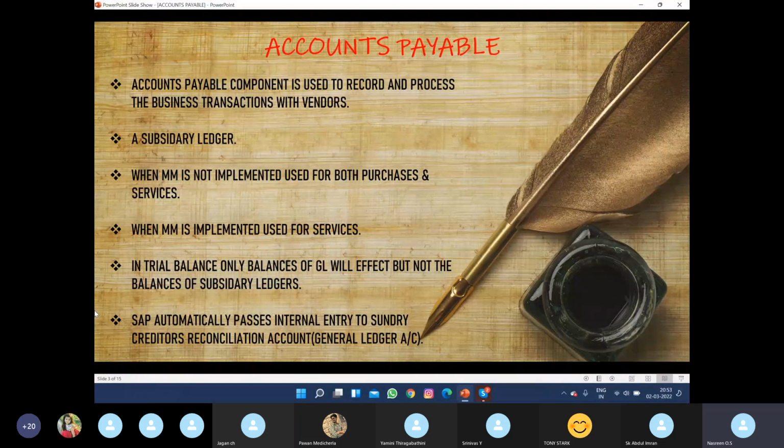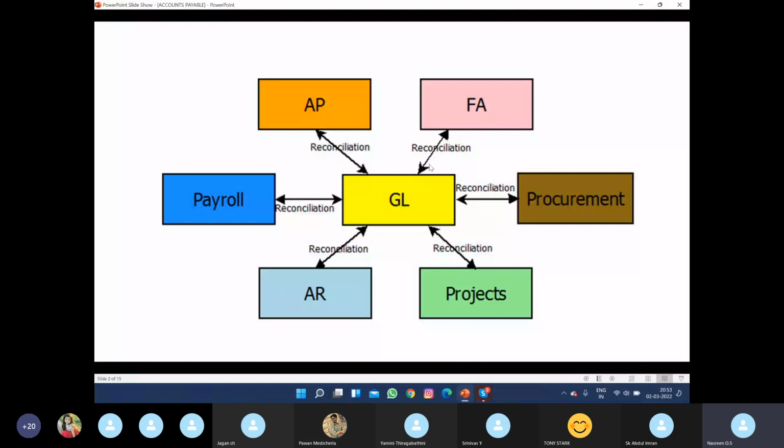And coming to this, in the trial balance, only balances of GL will affect, but not the balances of subsidiary ledgers. Which means in our trial balance, we take the balances.